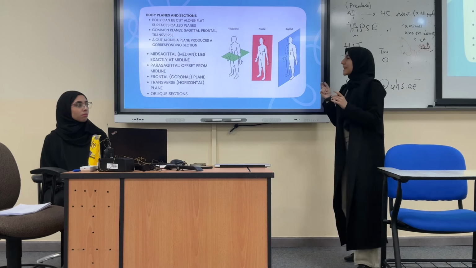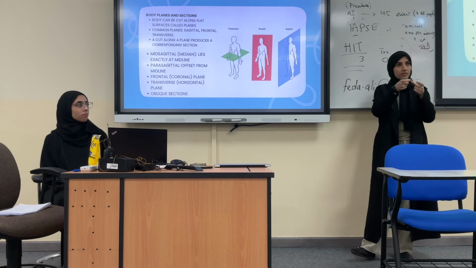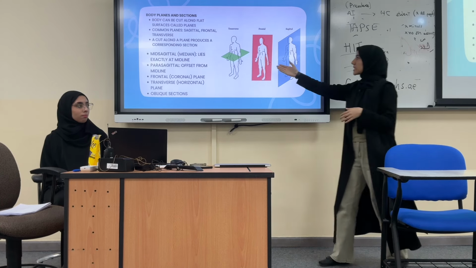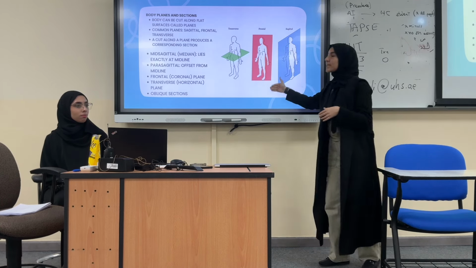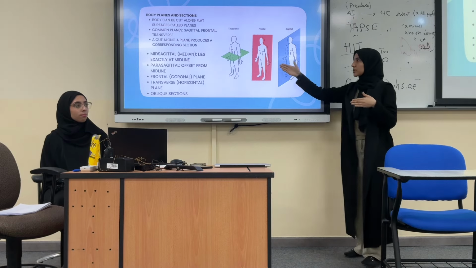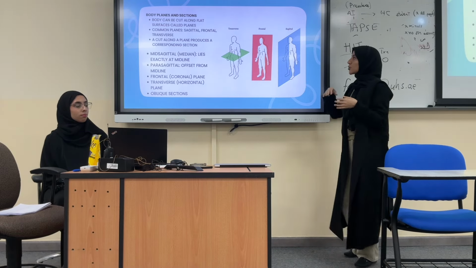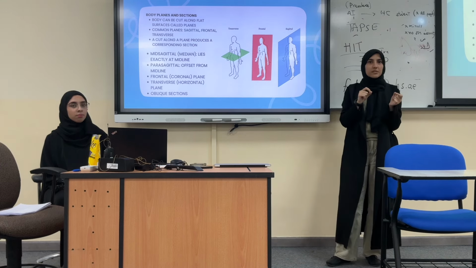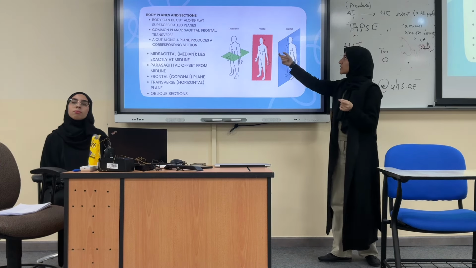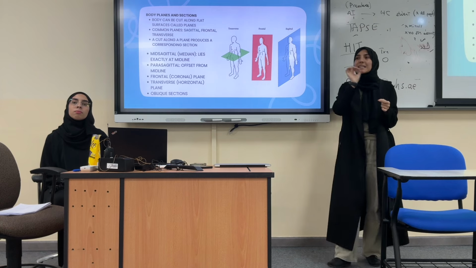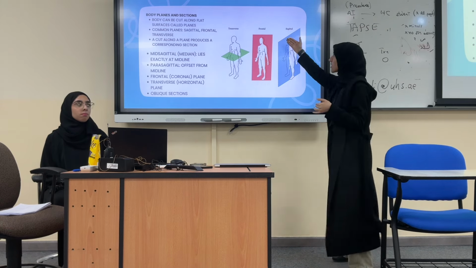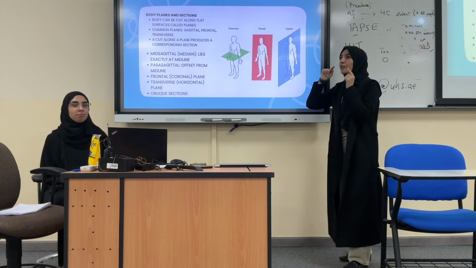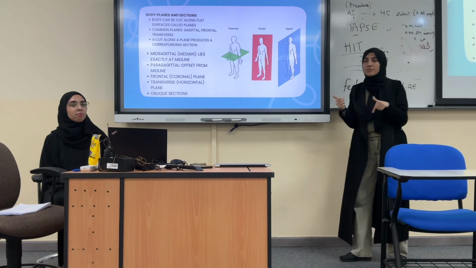Just pay attention to the fact that the term plane is different from the term axis. For example, this is the frontal plane, so it's separating the body into anterior and posterior. But what's the anterior-posterior axis? You guys know the difference? If I ask you to point out the anterior-posterior axis, not the plane, not the frontal plane that divides the body into these two parts, what is it?